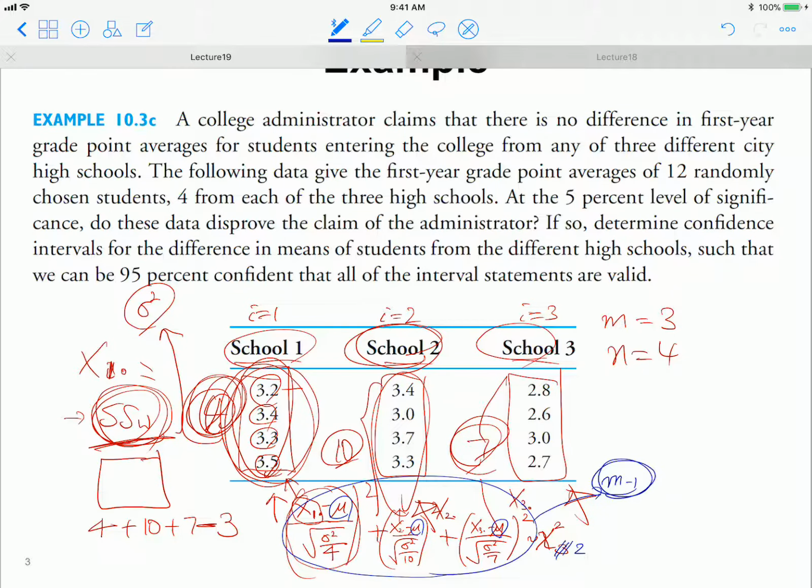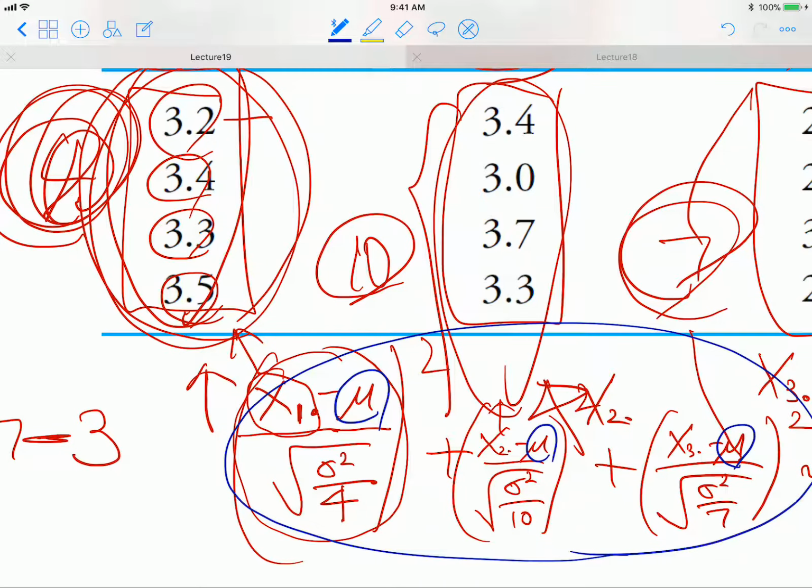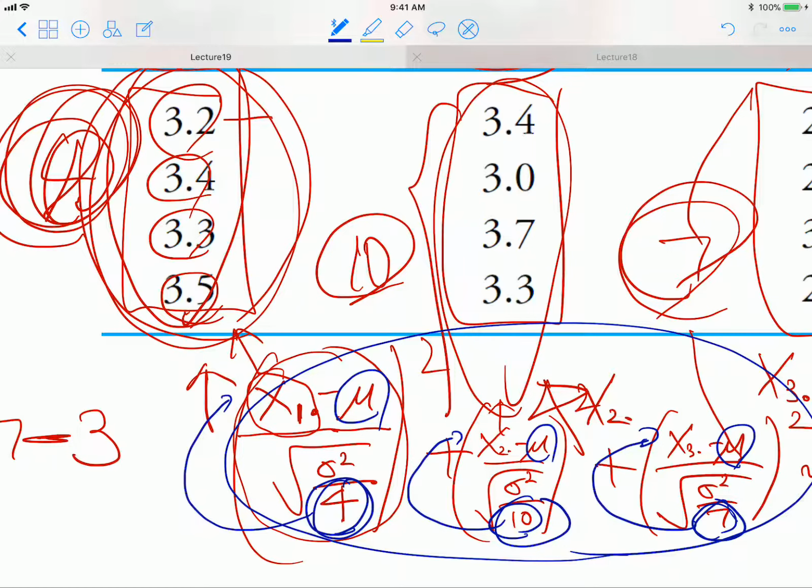But it has this value moving to the numerator and this value moving to the numerator, and so on, right? In the previous case, these values were all the same value of n, right? In the original case, n was all 4.